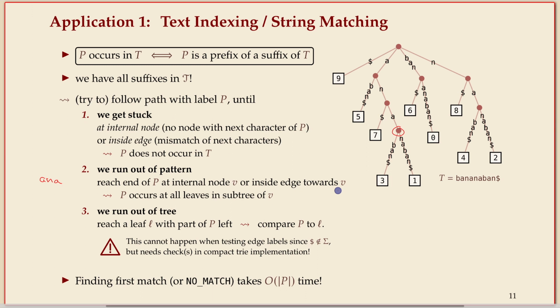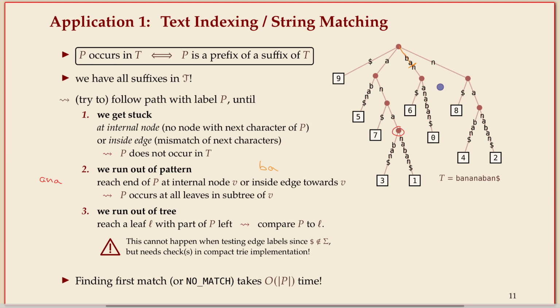Now, there are also slightly different options. Say the pattern BA, you would start traversing this edge, and then you're stuck. You run out of pattern in the middle of an edge.